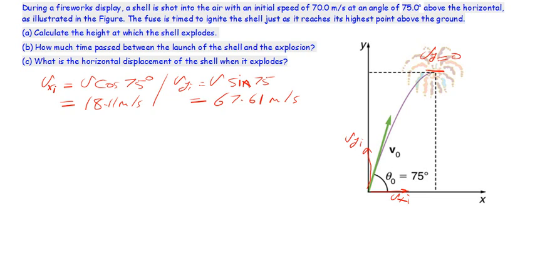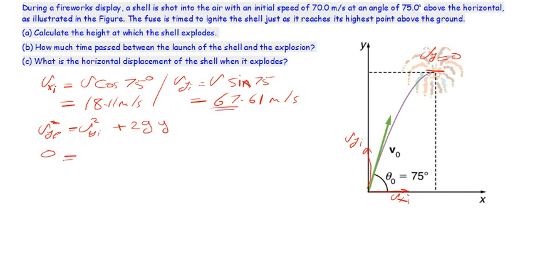I don't know the time, so I will use another kinematics equation: Vy final squared equals Vy initial squared plus 2 times the gravity acceleration times the height y. Here Vy final is 0, and the Vy initial is the one we calculated.